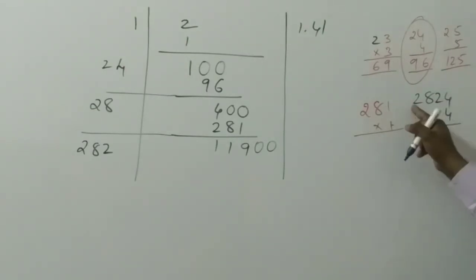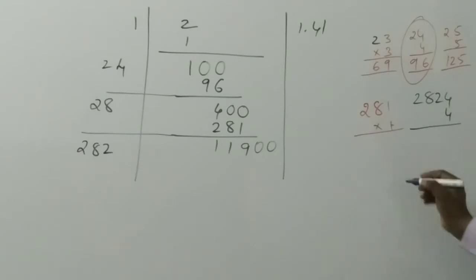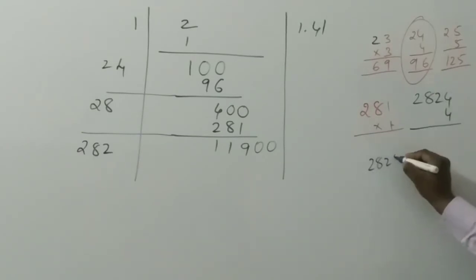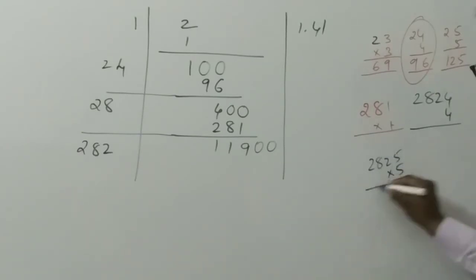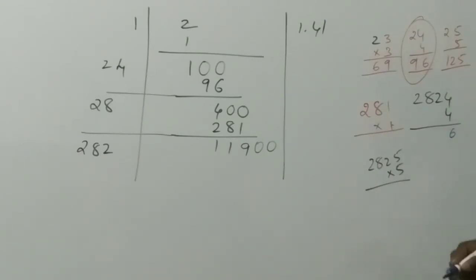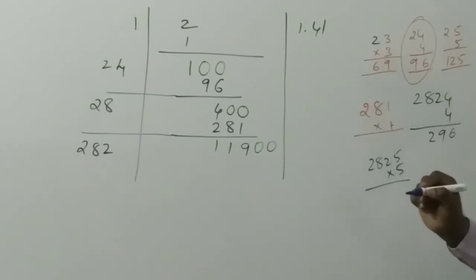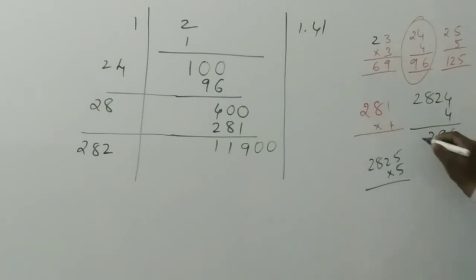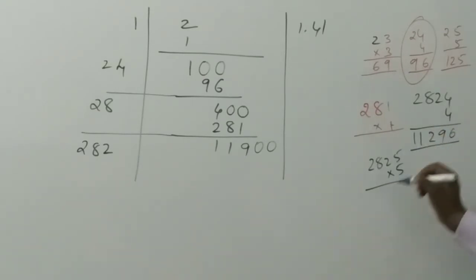Because 4 2s are 8. It is 11. Or else 282. If I take 5, it may be more. We'll check both. 4 4s are 16, 1. 4 2s are 8 plus 1, 9. 4 8s are 32, 3. 4 2s are 8 plus 3, 11. 11,296. Definitely this 5 will be more.